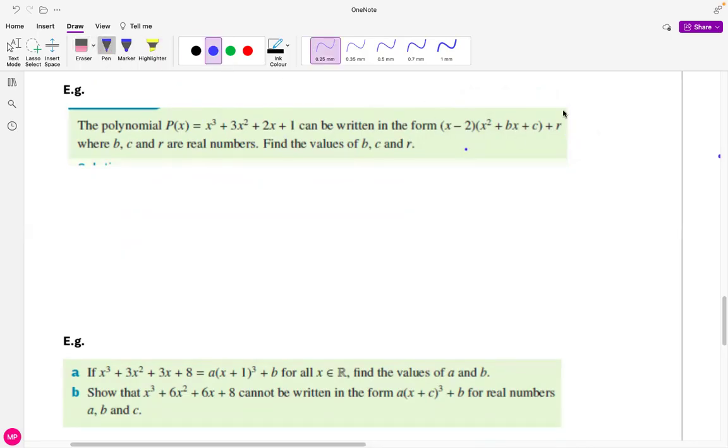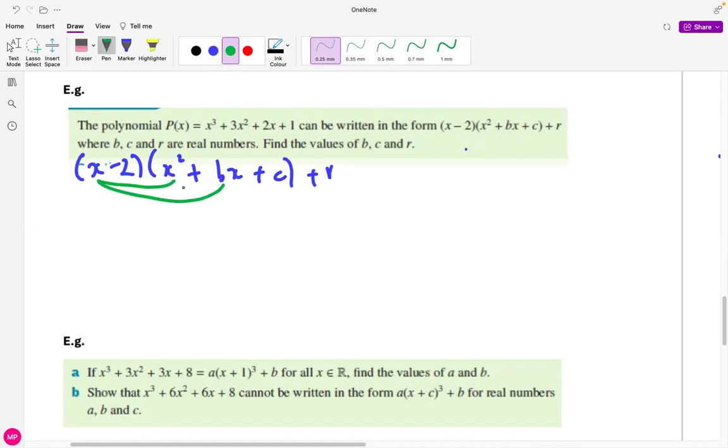So I'm going to expand this one out first. I just write again here, x minus 2, x squared plus bx plus c, plus r. So to expand, I do this and this first. So x times x squared, x cubed, plus x times bx is bx squared, x times c is cx.